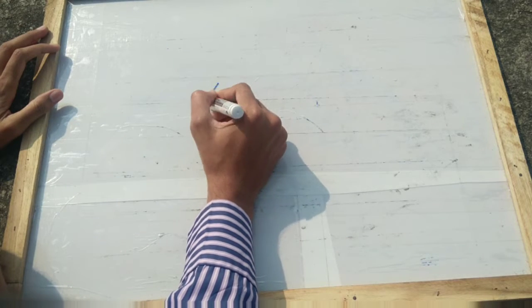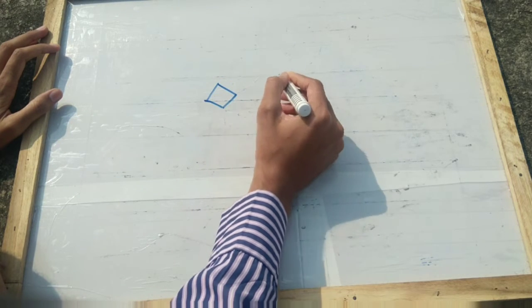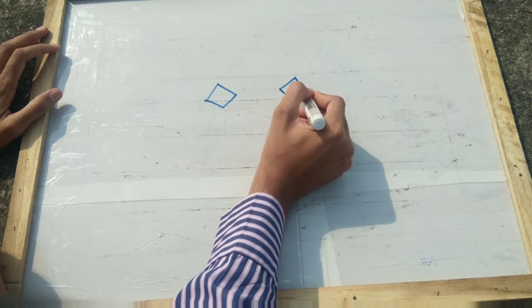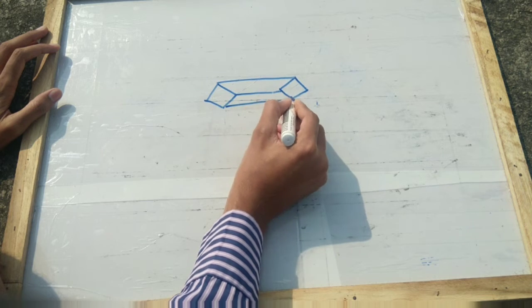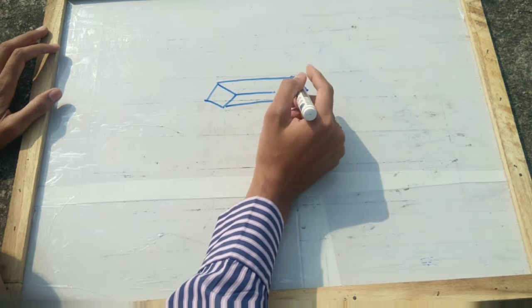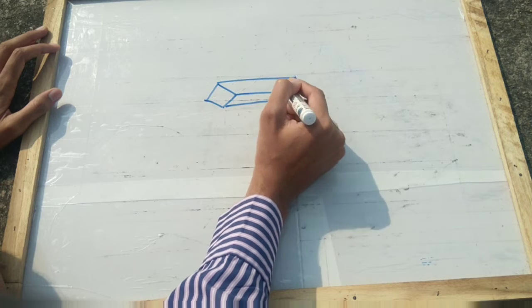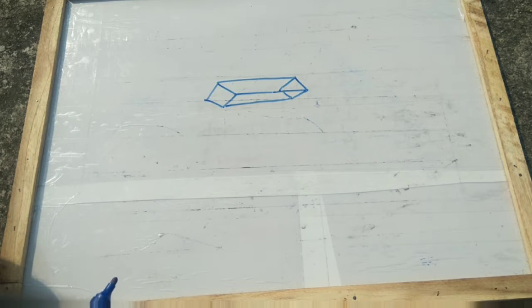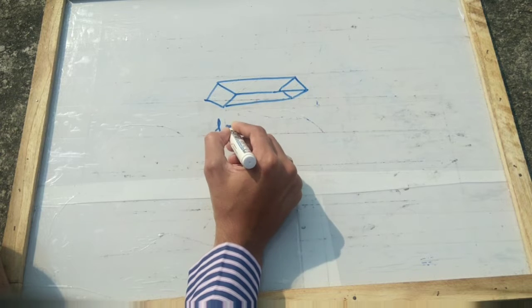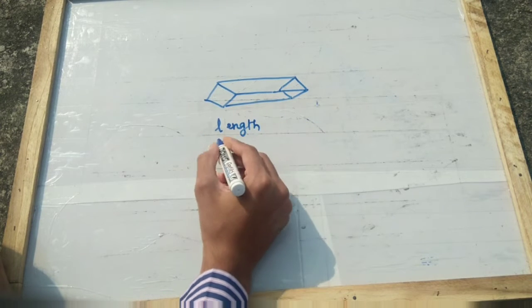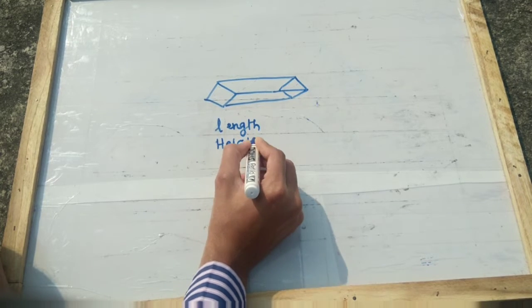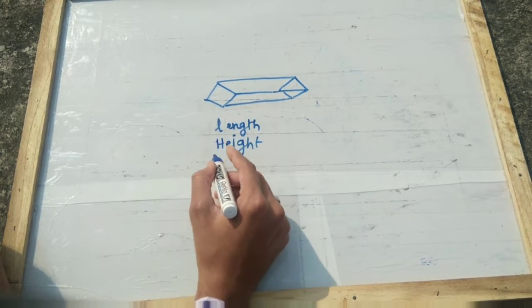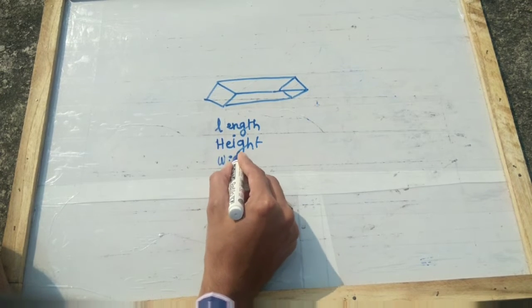Suppose friends, I take an example like this wood. Like this, it is a 3 dimension. It has length, it has height, it has width or thickness.